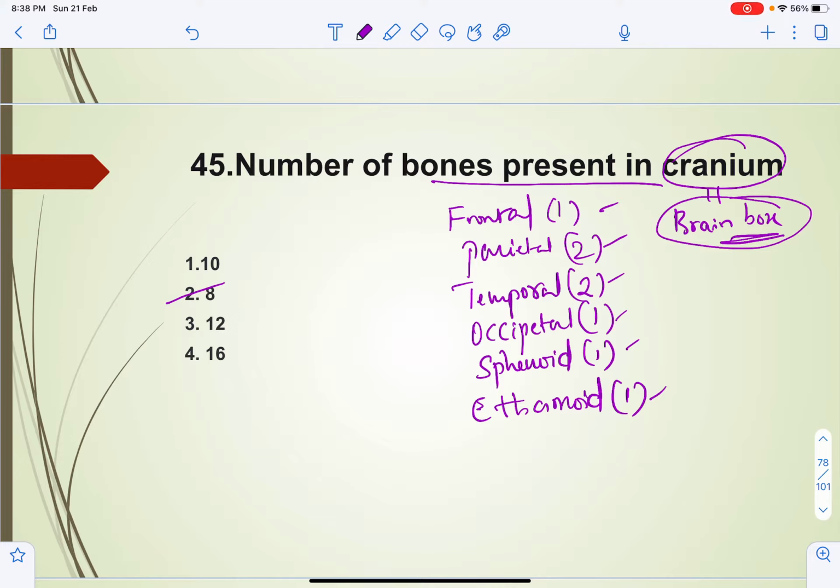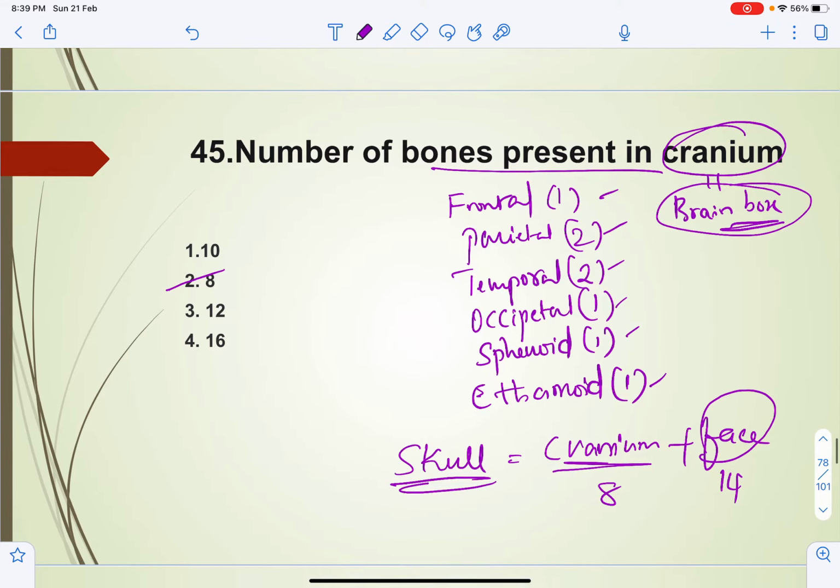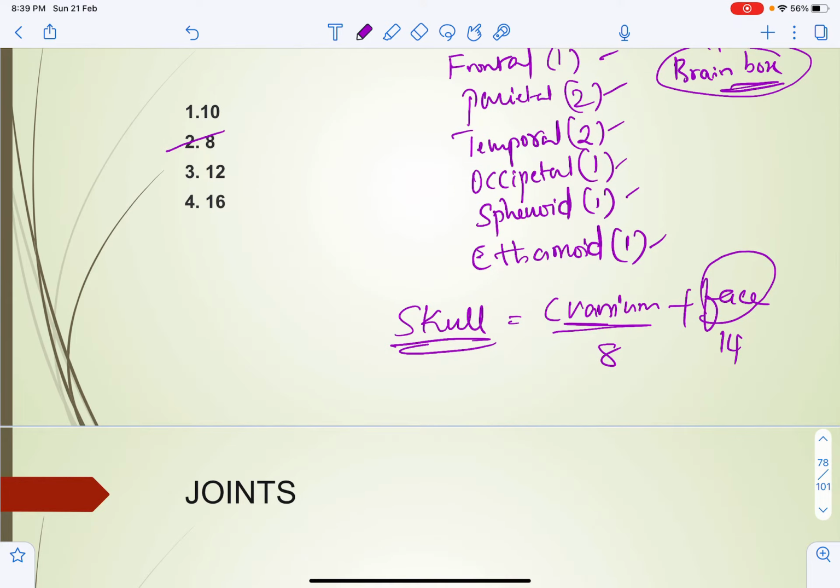Generally we know that the skull is made up of both the cranium and the face. In the facial bones there are 14 bones, cranium 8. So total you can say 22, and along with that laterally there are ear ossicles. Ear ossicles in the middle ear, there are 6.